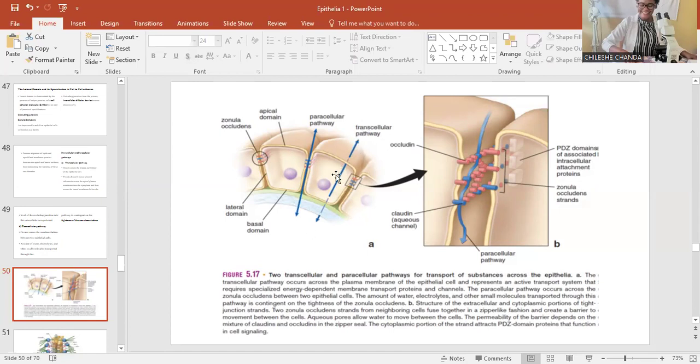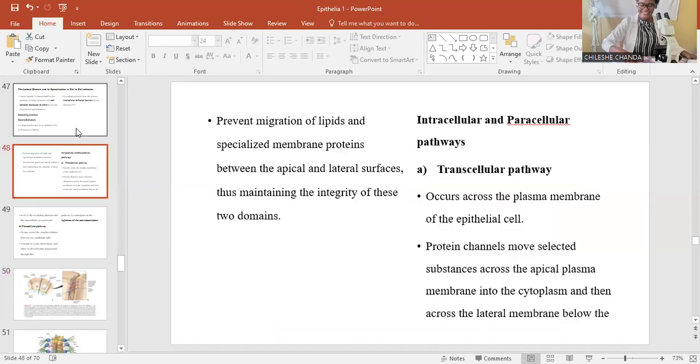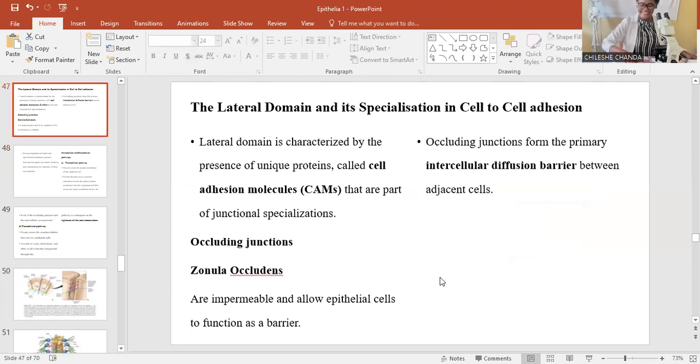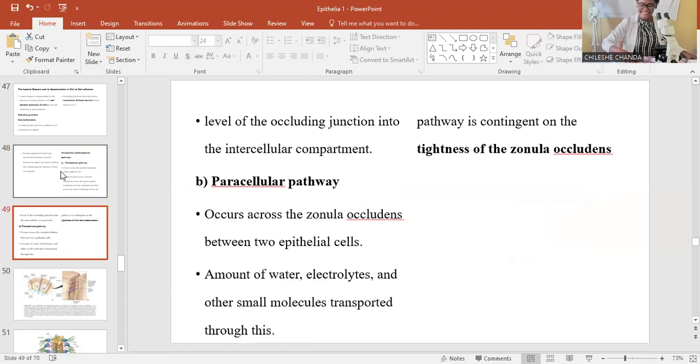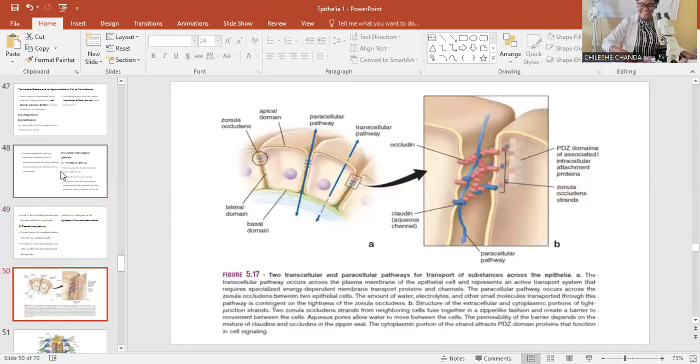And this type of passage is known as the transcellular passage of substances. And so those are some of the ways in which substances move across epithelial tissue. Okay, so we have transcellular and paracellular pathways.